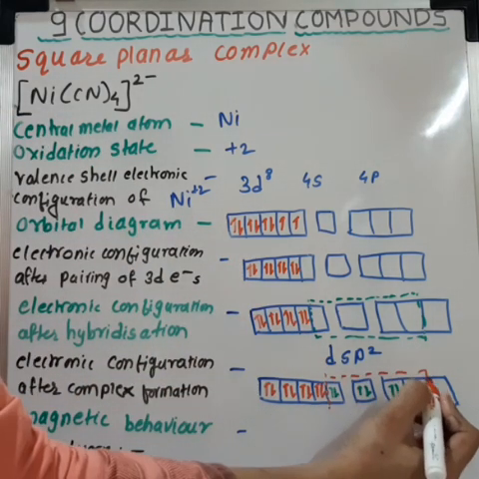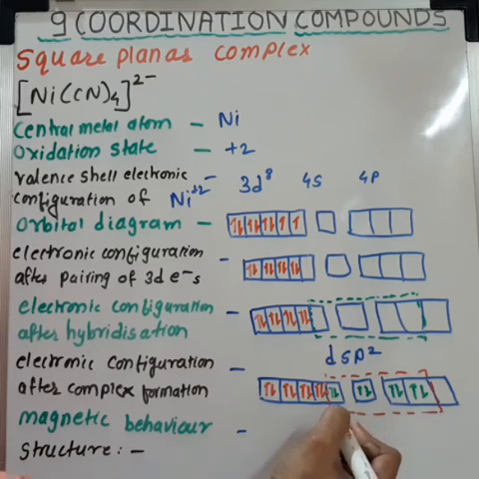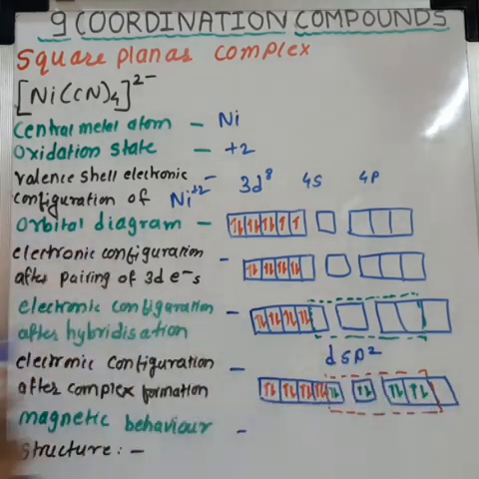This is the electronic configuration after complex formation. As there is no unpaired electron in this complex, this complex is diamagnetic.